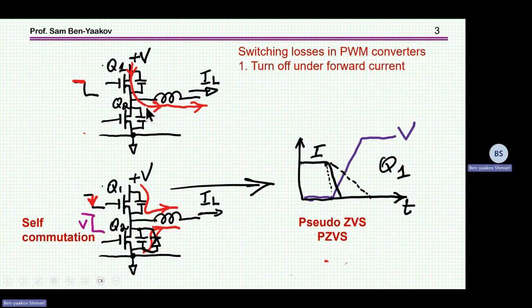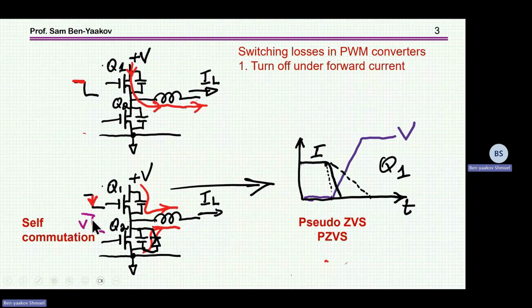And I'm now considering the case in which we're turning off the upper transistor. Here it is, we're turning it off. When we're turning it off, here's the current going down. Then the current in the inductor is continuing, and it is charging or discharging, the way you look at it, these output capacitors.